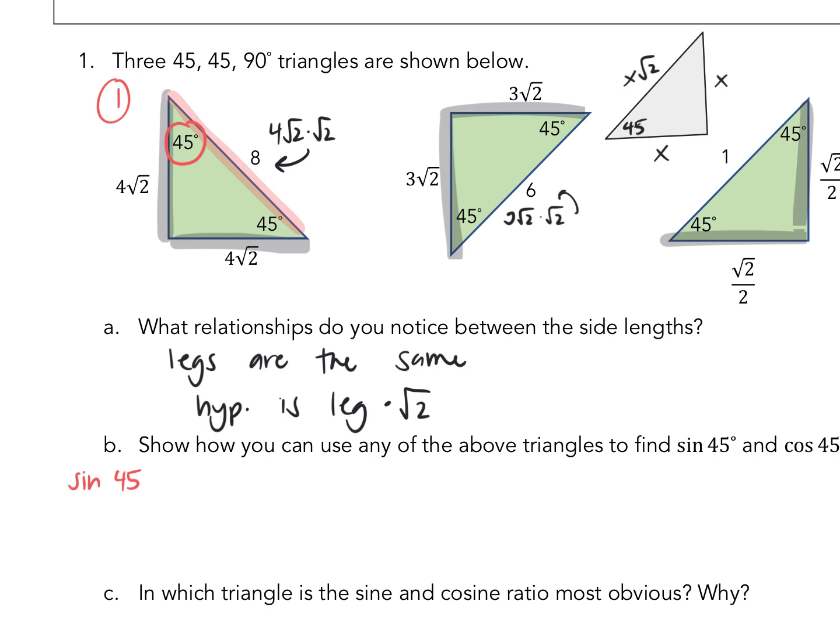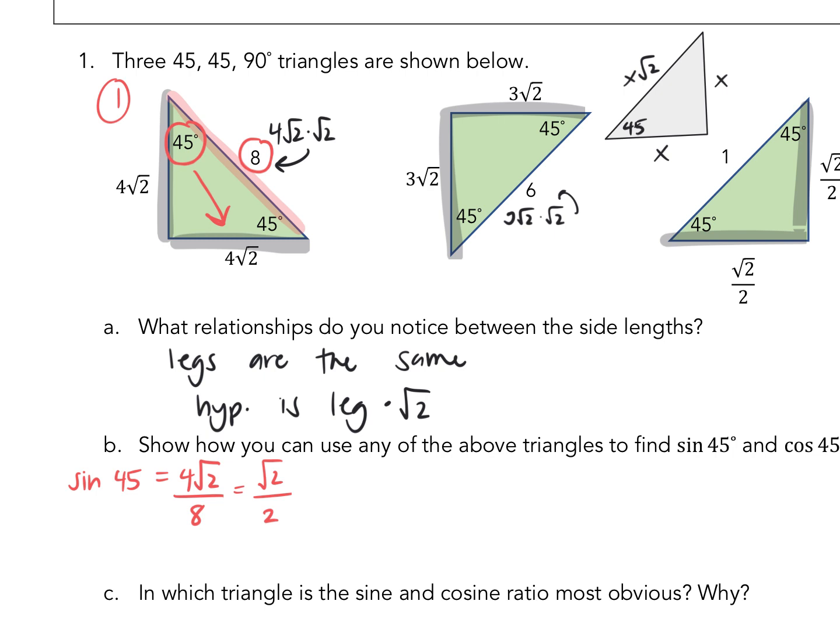Sine is opposite over hypotenuse, right? So sine would be 4 square root of 2 divided by 8. Now if I simplify that, what do I end up with? Square root of 2 over 2, right? Because 4 over 8 simplifies to give me 2. So I get square root of 2 over 2.